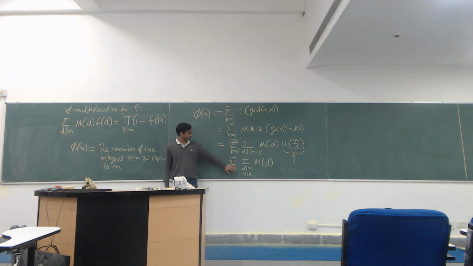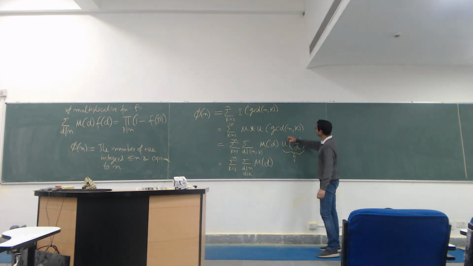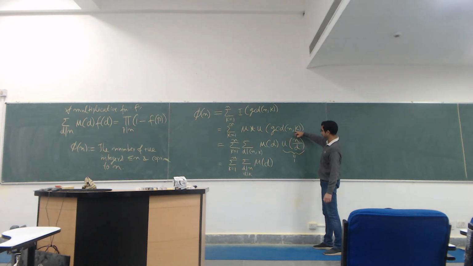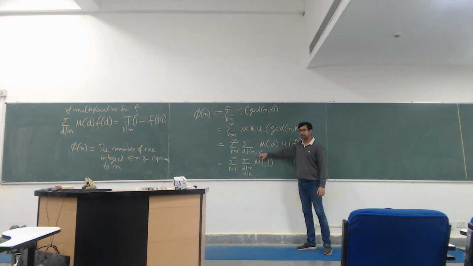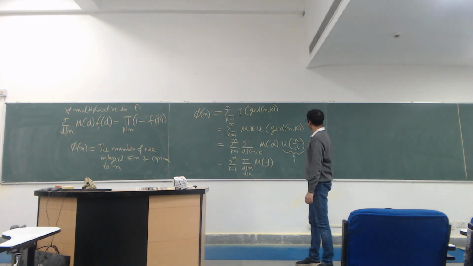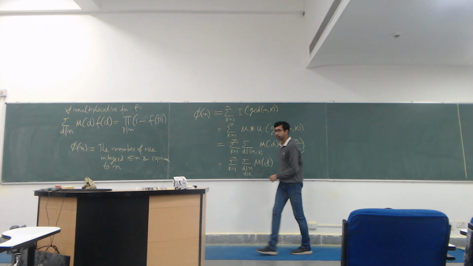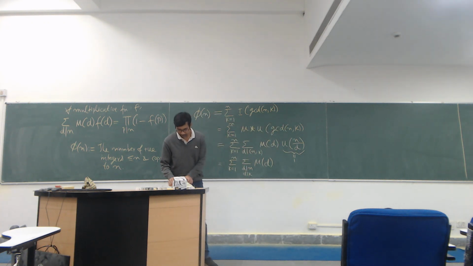So what we will do, we will fix a d which is dividing n. Wait a minute, isn't it gcd(n, k) by d? No, we are taking d dividing gcd(n, k).